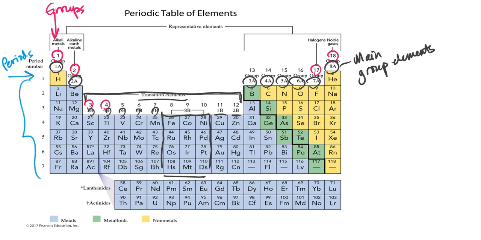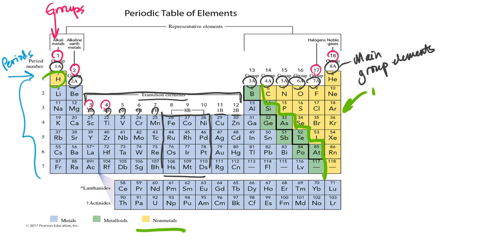Now, the other thing to keep in mind regarding the periodic table is that it already groups the elements in a very logical way. As I'm sure you'll be aware of, basically the nonmetals are color-coded with yellow boxes.